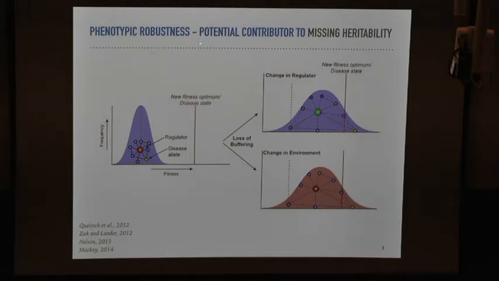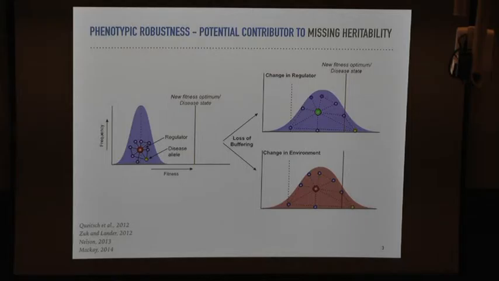What I want to stress here is that these cryptic genetic variants, when buffered, don't show a phenotype, but they have the ability, in an unbuffered state, to show a different phenotype. Here, in this case, a loss of buffering leads to a disease phenotype.